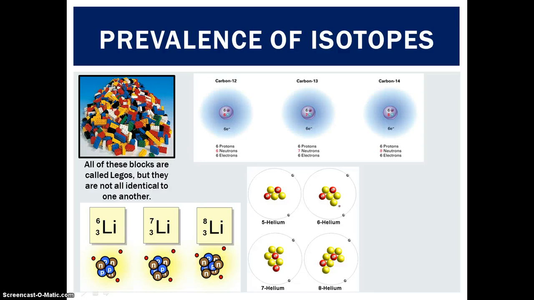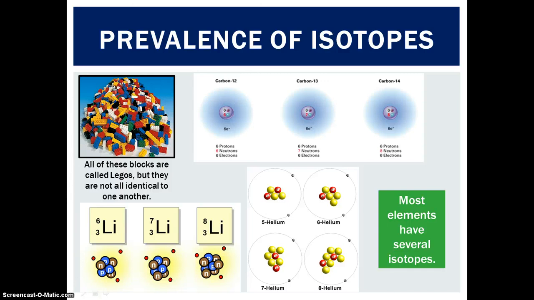All of these are called helium, but they're not identical to each other. They're identical in their number of protons. They differ in their number of neutrons. Just like the Legos are identical in the idea that they all fit together, they have the same shape, but they have different sizes, number of holes, colors, but they're all Legos.